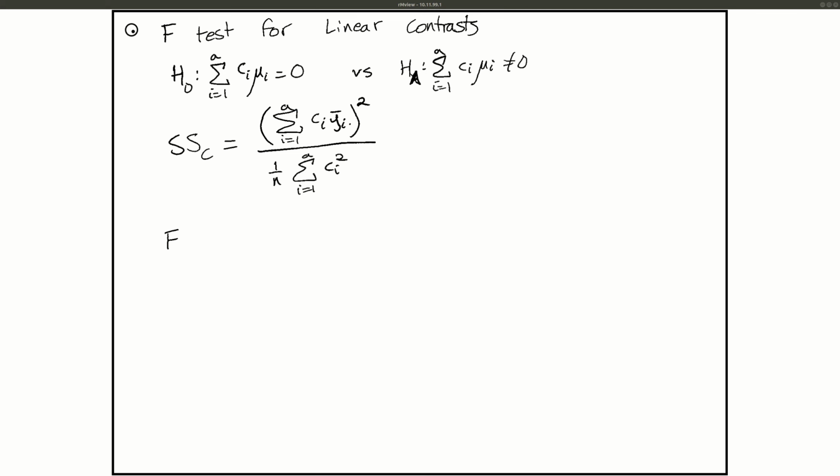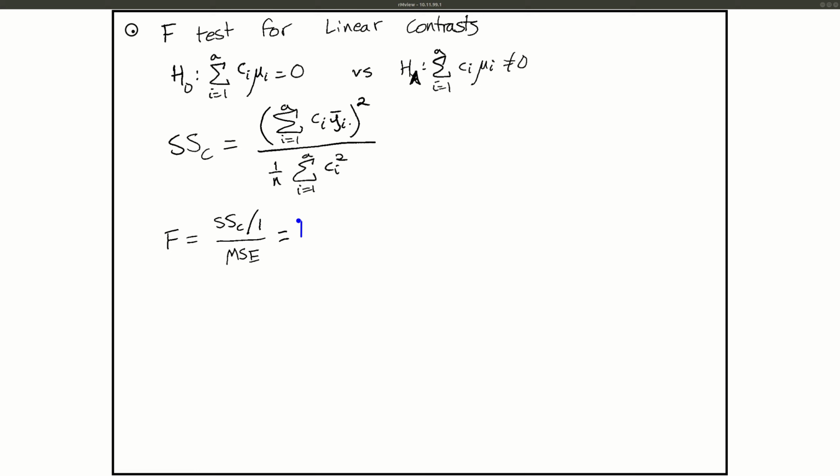Our F statistic is defined as the sum of squares contrast divided by 1, divided by the mean squared error. Why do we divide the sum of squares contrast by 1? Remember, in the F statistic, it's the sum of squares divided by its degrees of freedom to get the mean square. The degrees of freedom for this contrast is 1.